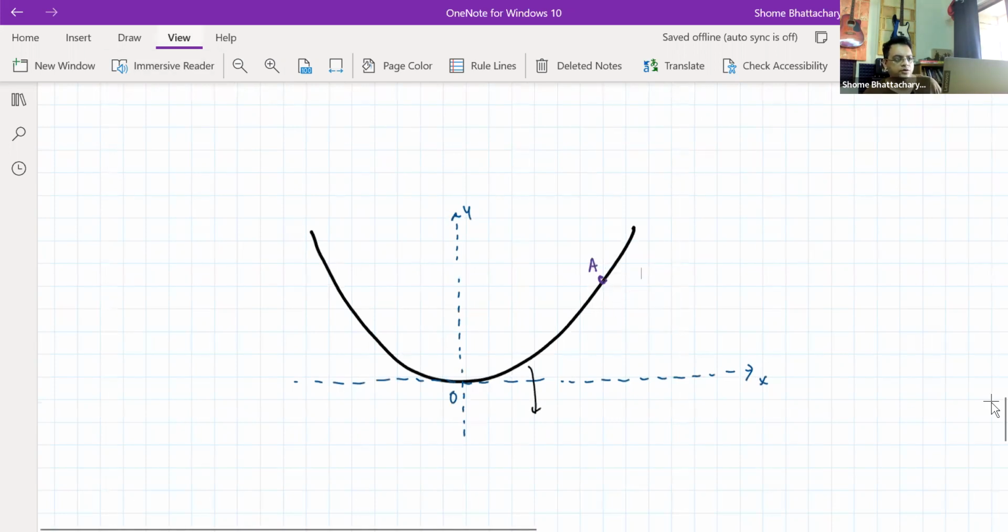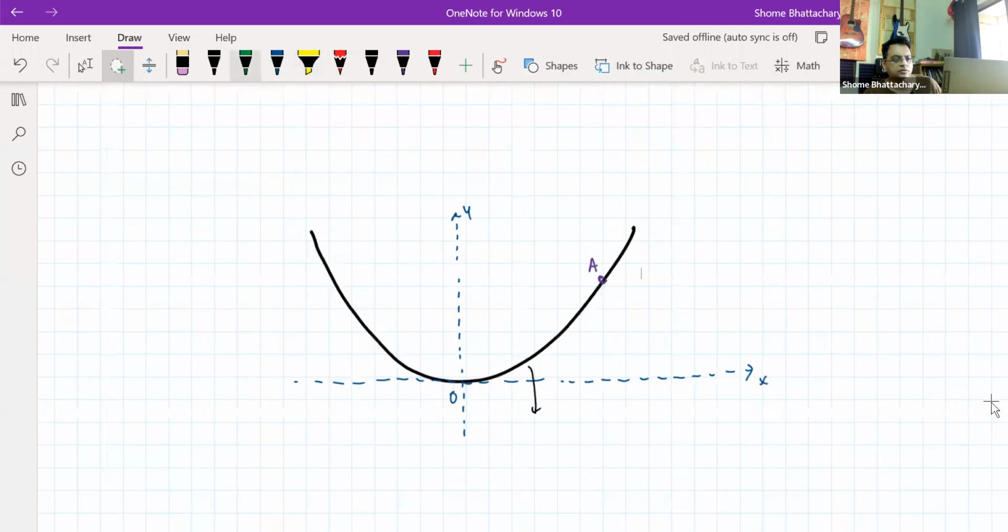At this point of time, when the ring is here, the initial speed is 0, of course. Let's draw a tangent to this at this point.